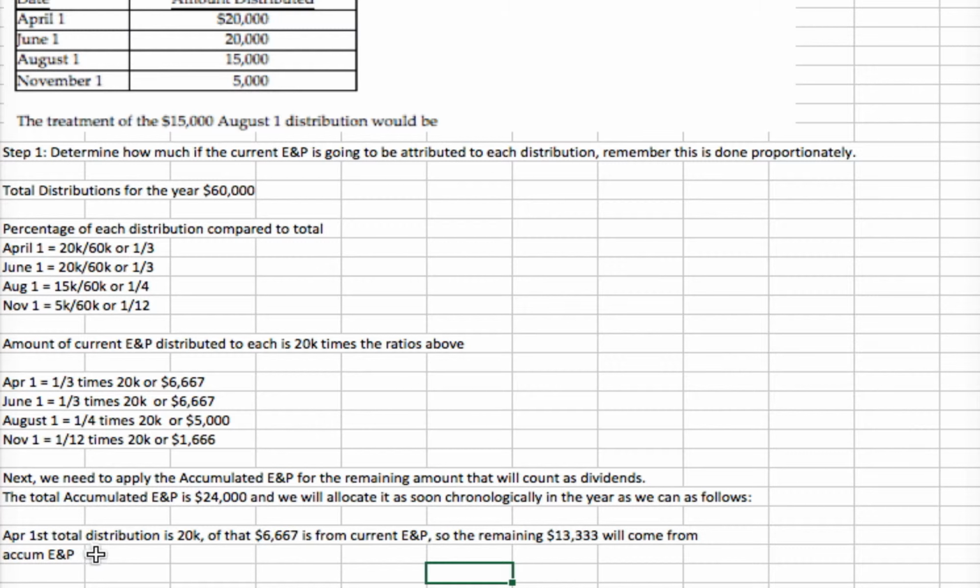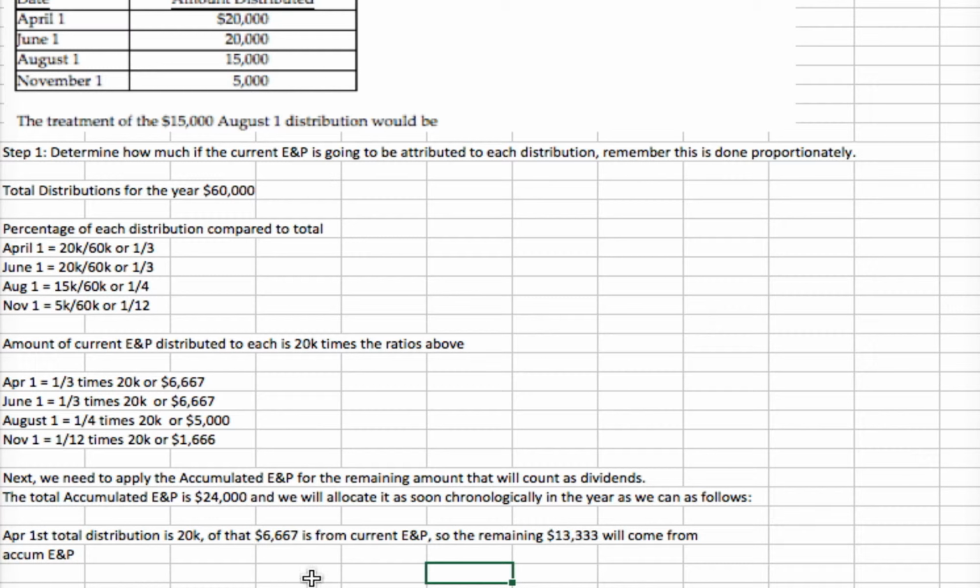So now we have accounted for the entire April 1st distribution. All of this $20,000 will be considered a taxable dividend. We've used up all of our current earnings and profits, and we've used up $13,333 of the accumulated earnings and profits that we had.